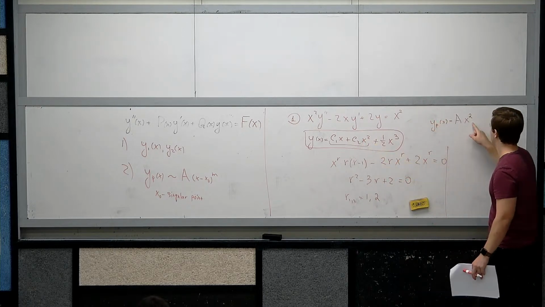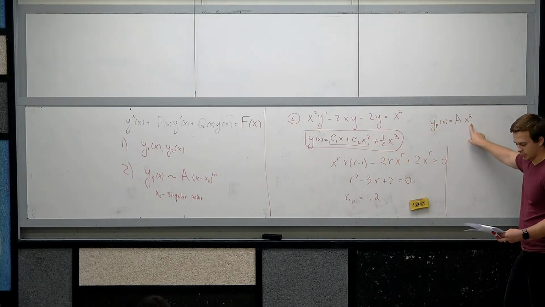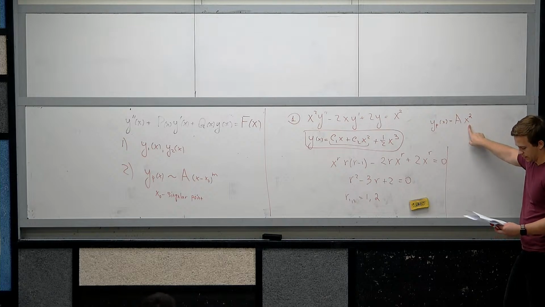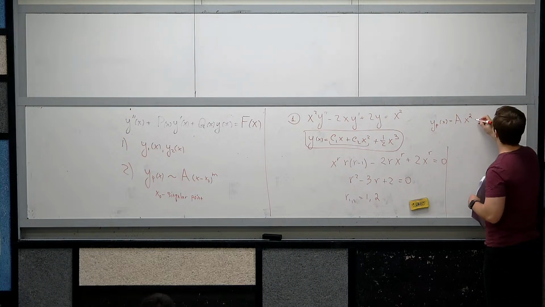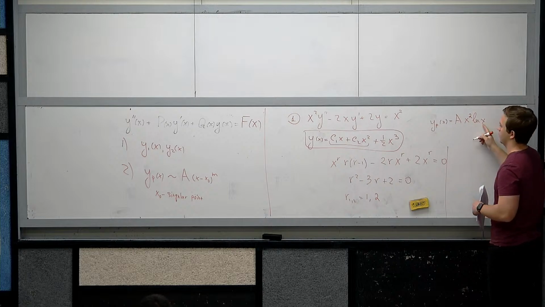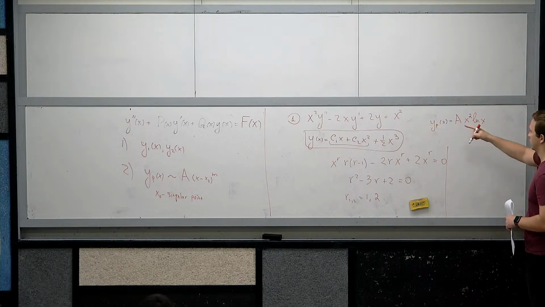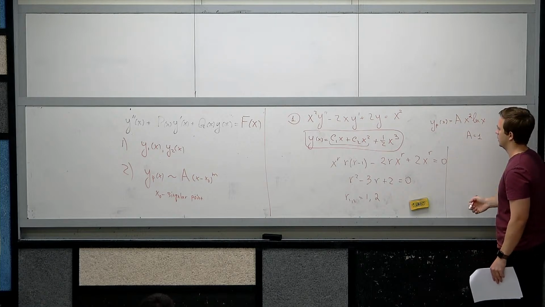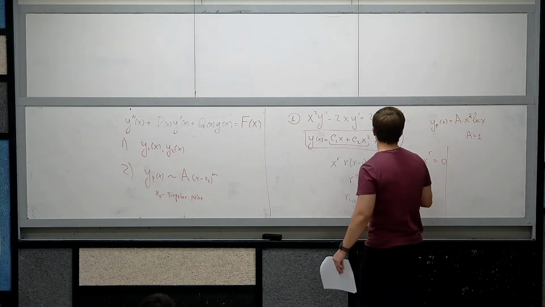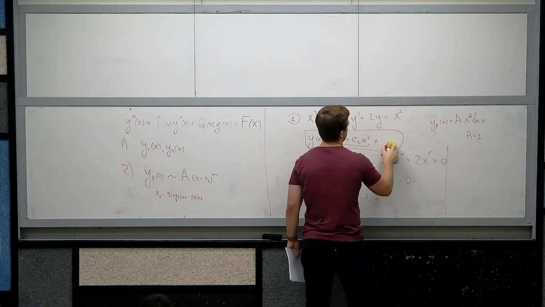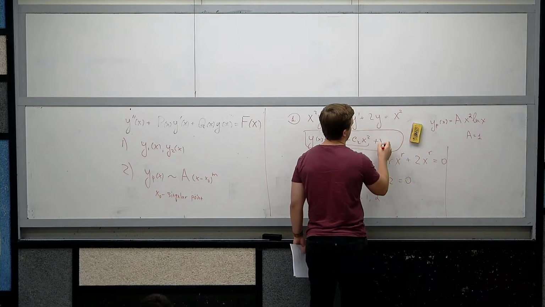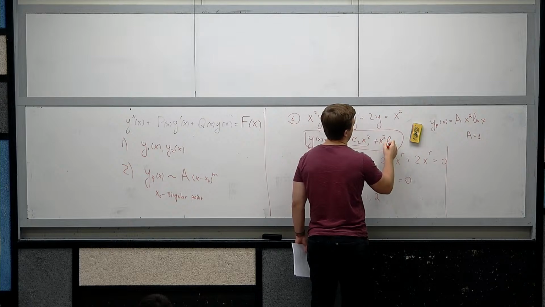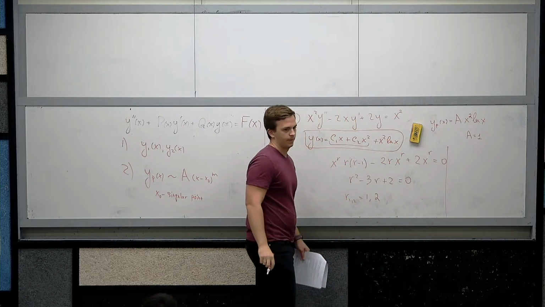So in the same way we can write here. We will guess a particular solution in this form, and then we plug this solution into the equation. We find that A is 1, and in this case the general solution is this.